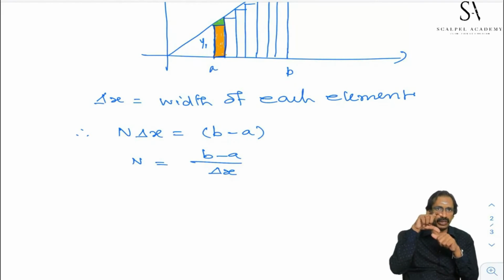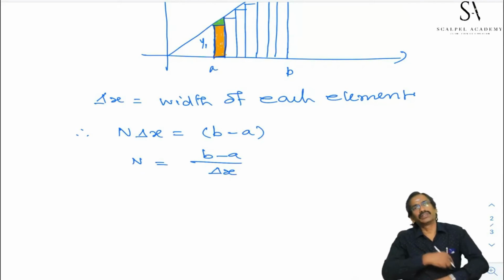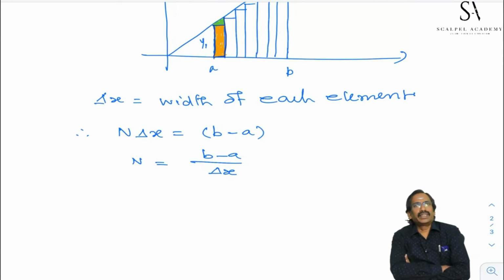Height y1 into width delta x. y1 is equal to x1 because in our problem y is equal to x. Then the area of the second element: the second element has height y2, which is nothing but x2. x2 is equal to a plus delta x.